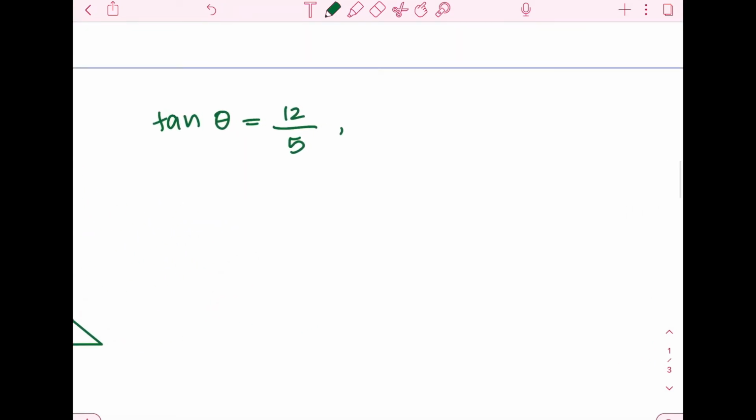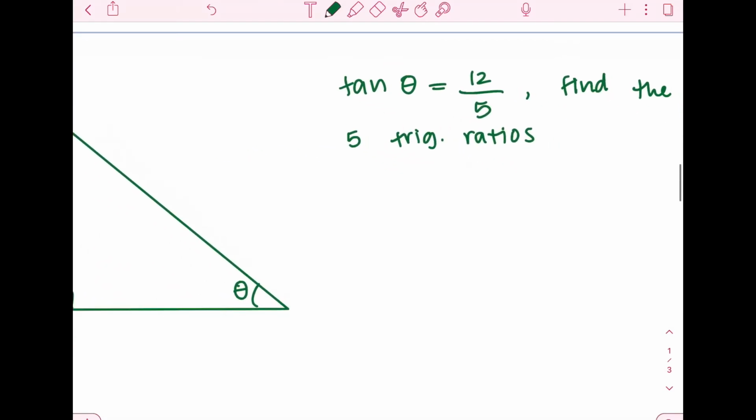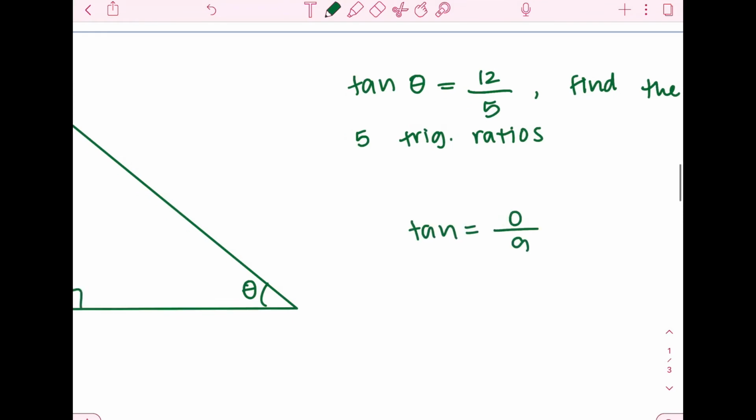And then we want to find the other 5 trigonometric ratios. So if tangent is 12 over 5, we know that tangent is equal to opposite over adjacent.